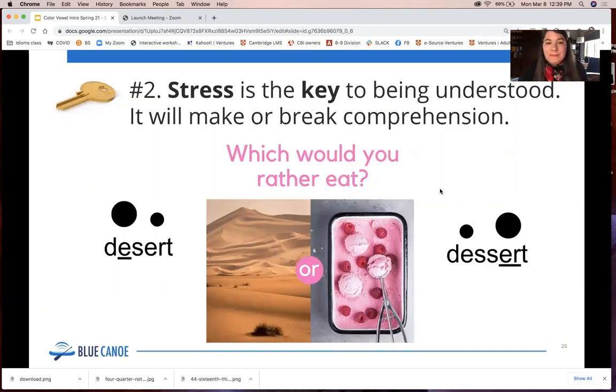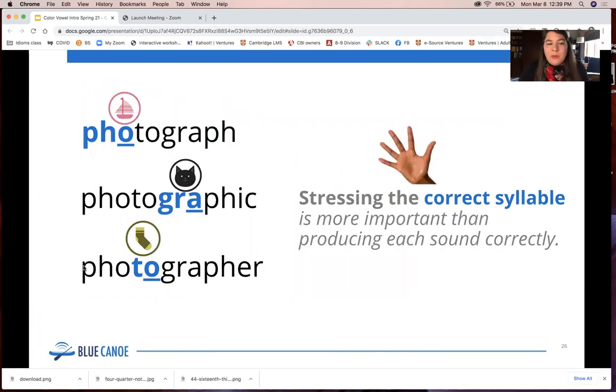That's a big difference. These three words look very similar. They are related, but they sound totally different. Different stress location and different vowel sounds. Listen. Rose boat, photograph, photograph. Black cat, photographic, photographic.